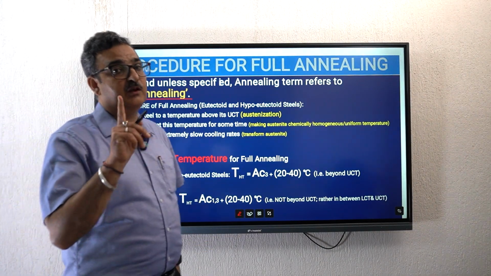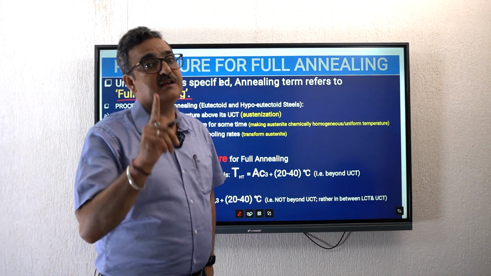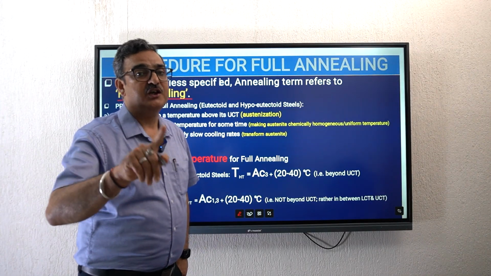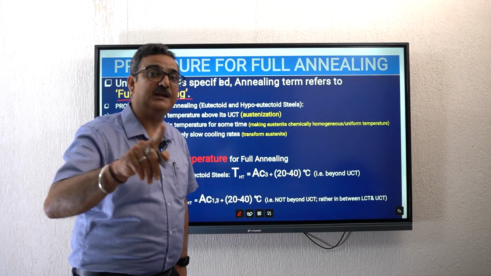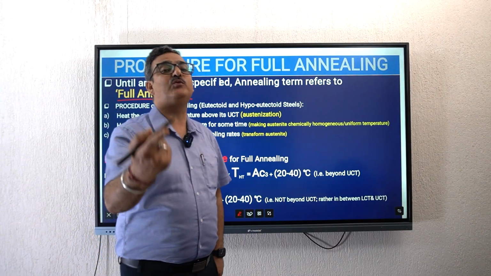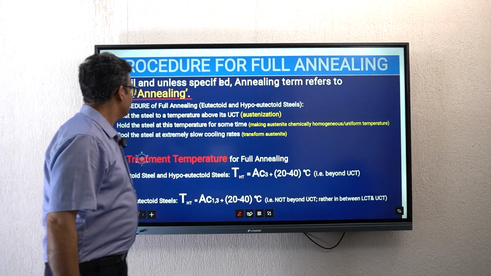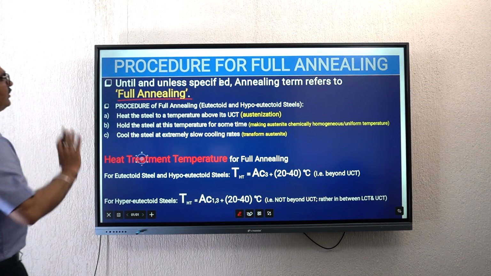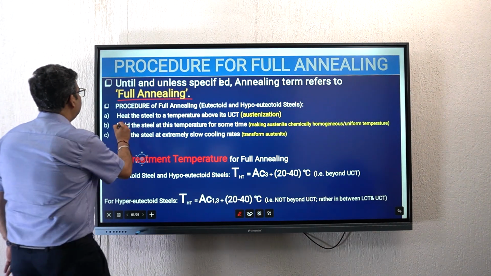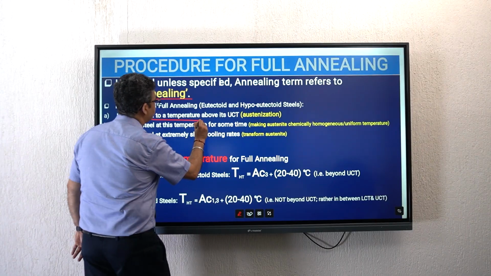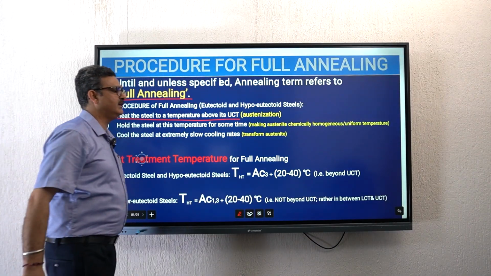Now let's see the procedure for full annealing. Remember, full annealing will only be given to either a eutectoid steel or hypoeutectoid steels. You should avoid giving full annealing treatment to hypereutectoid steels. Why? In a while we'll discuss that. So what's the procedure? We will take the steel at room temperature and start heating it to a temperature above its upper critical temperature.